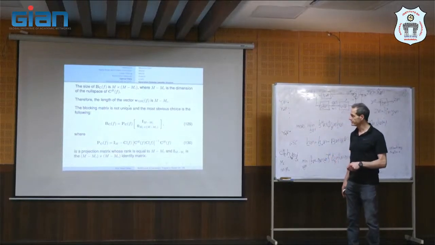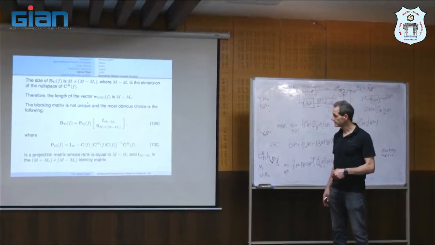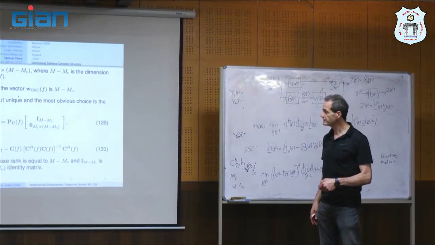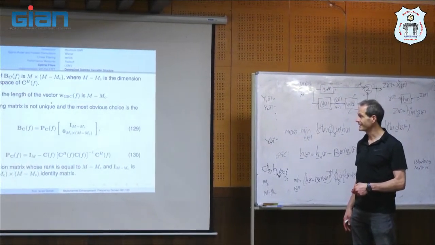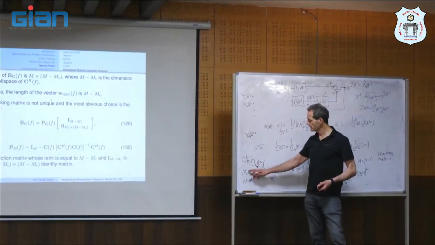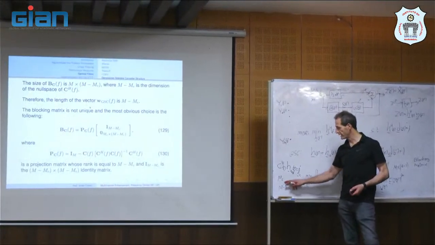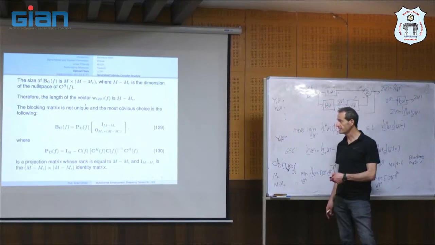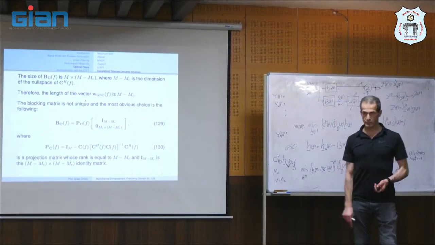So if we know the steering vectors here in the constraint, we know how to project to the null subspace. So the rank of this null subspace of C is M minus the number of constraints. So this is the rank of the subspace. So we can very easily get the blocking matrix.